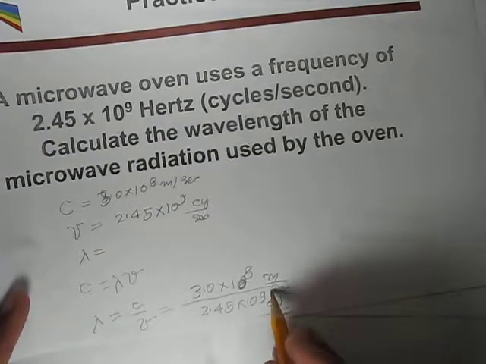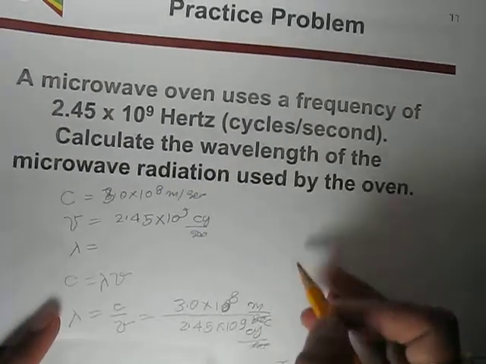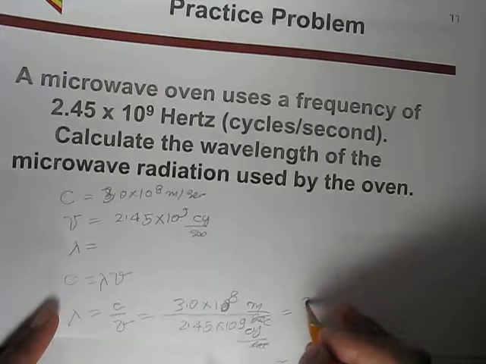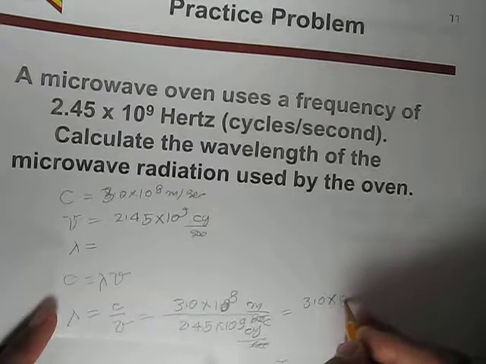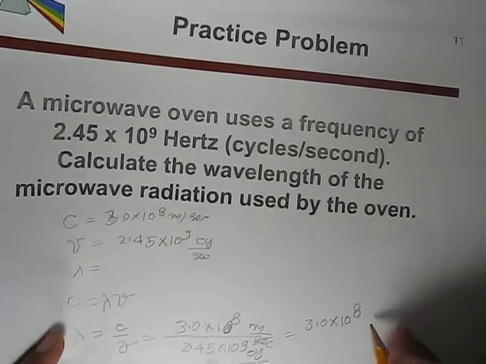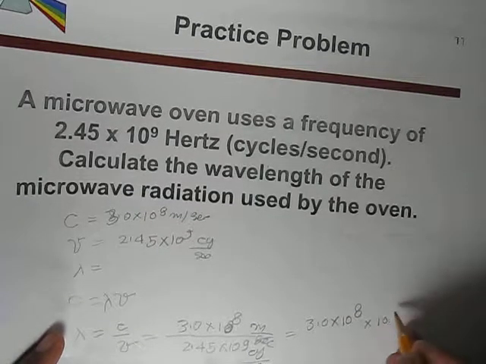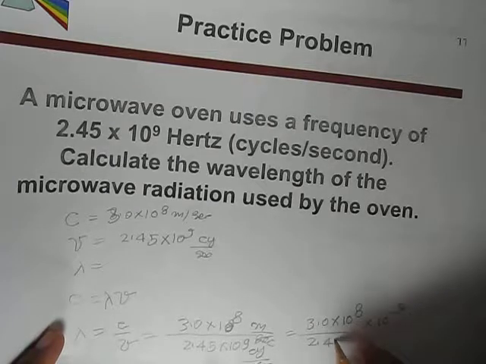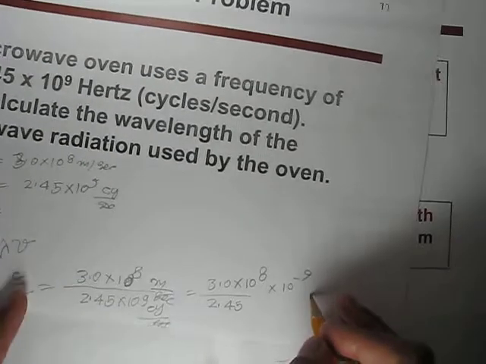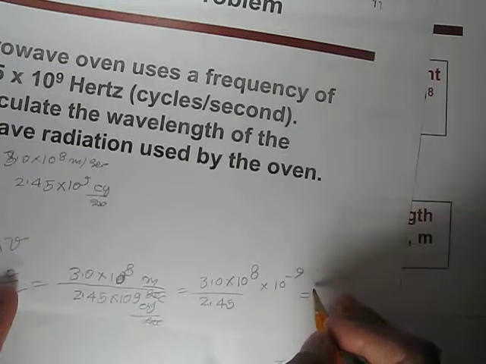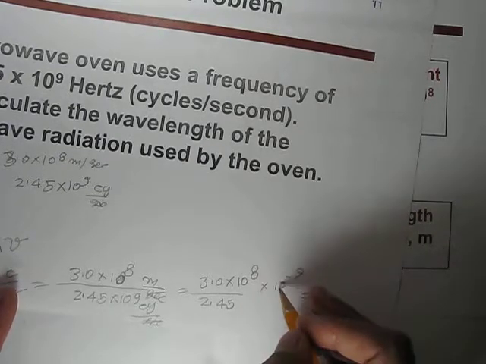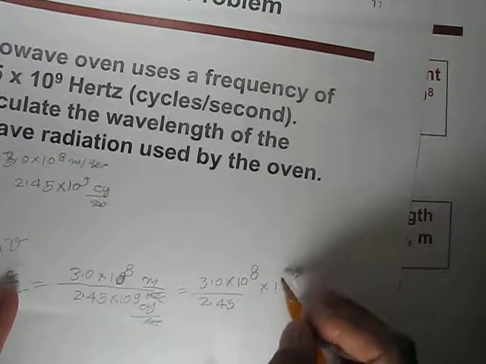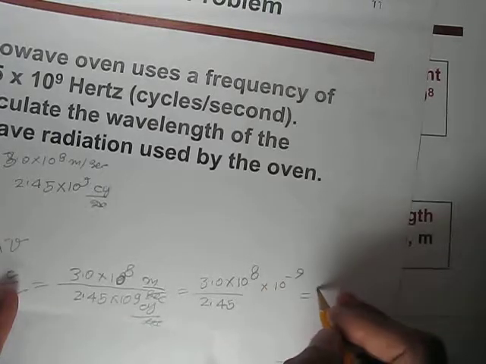So second will be cancelled out, and when we solve this, it will become 3.0 times 10 to the power 8 multiplied by 10 to the power minus 9 divided by 2.45. When we multiply, the powers add, and this will become minus 1.